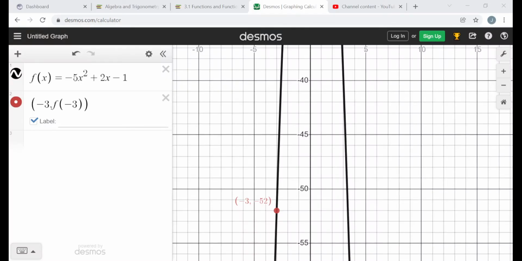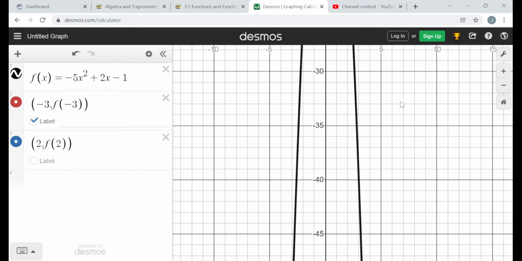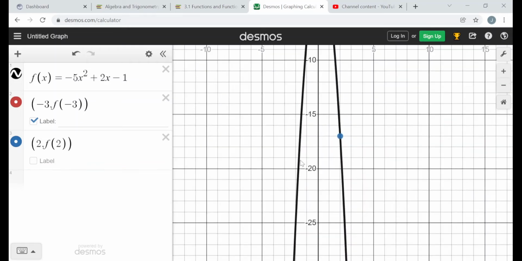Let me add another point, 2 comma, and then I can put negative 17, or since I have function notation up there, f of 2, which will be at 2, negative 17, way back up here again. There it is, and let me label it. See, it's on the graph, on this black graph, 2, and f of 2 is negative 17. Great.